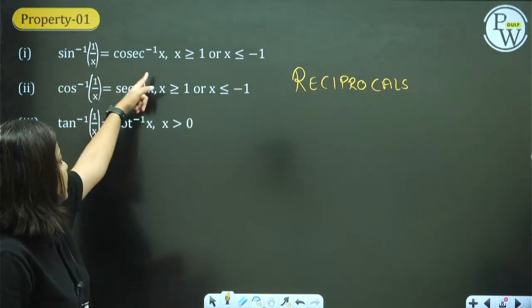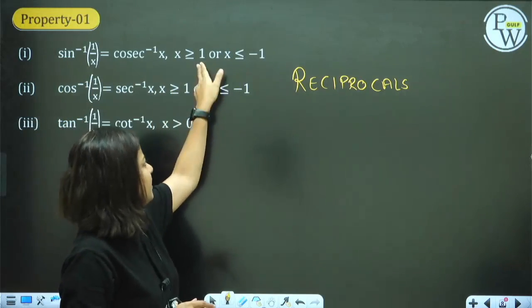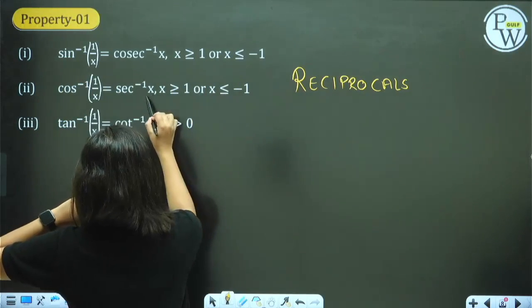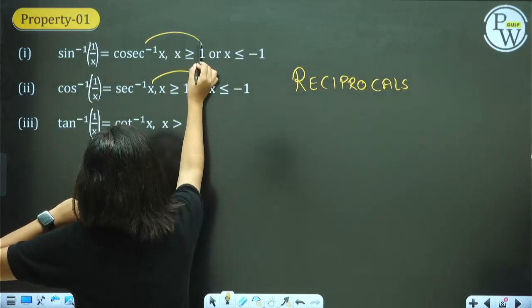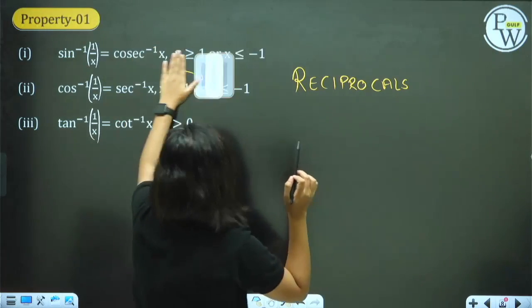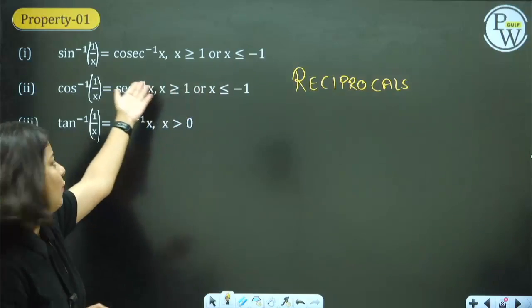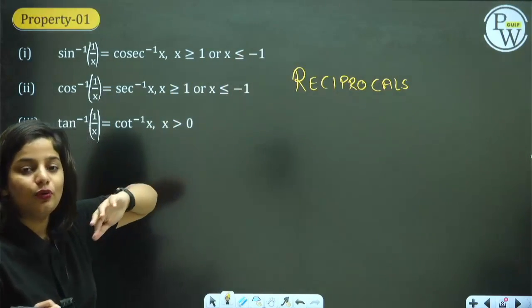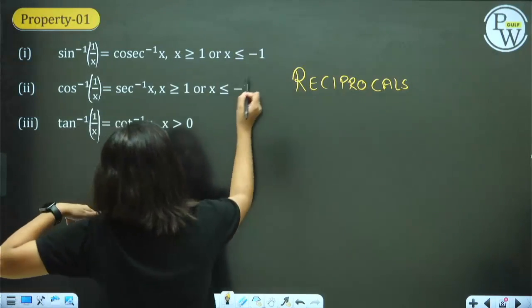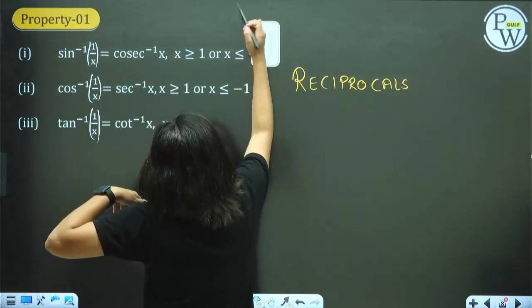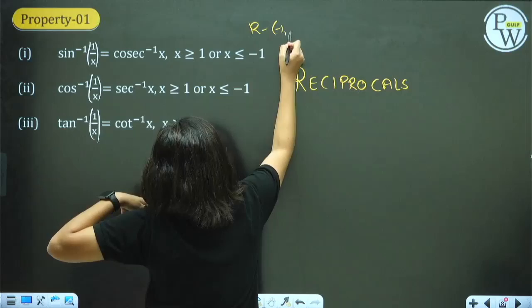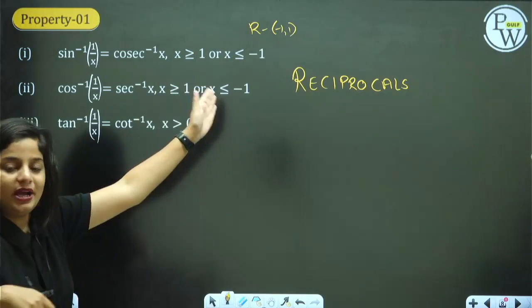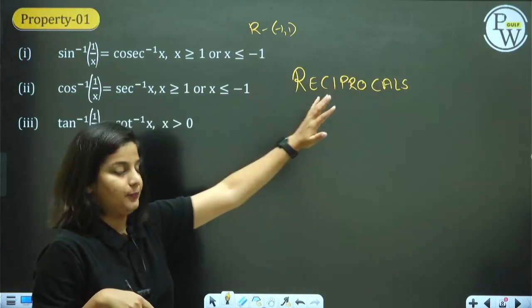1 by x will become x. This thing, whatever x is written, it is nothing but the domain of cosec and sec. X is greater than equal to 1, less than equal to minus 1. What is that? Domain of sec. These two actually means all real numbers except minus 1 to 1, or minus infinity to minus 1 union 1 to infinity.